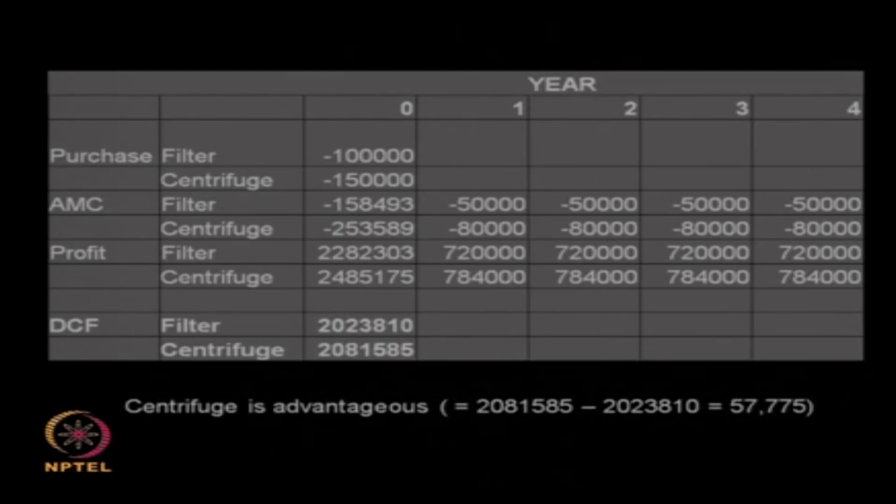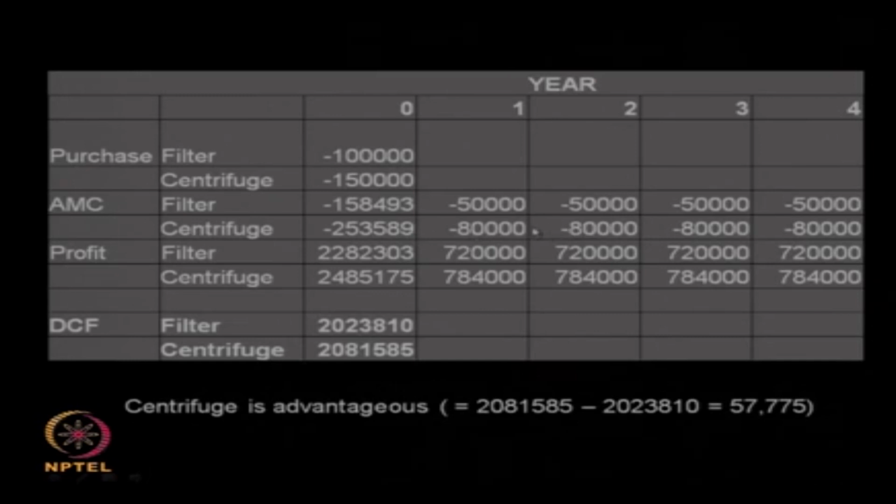Do you all understand? Same thing I can do for the centrifuge. I will do 80,000 divided by 1.1, 80,000 divided by 1.1 square, 80,000 divided by 1.1 cube, 80,000 divided by 1.1 raised to the power 4, then add up all of them. So what happens? I will get 2,53,589.